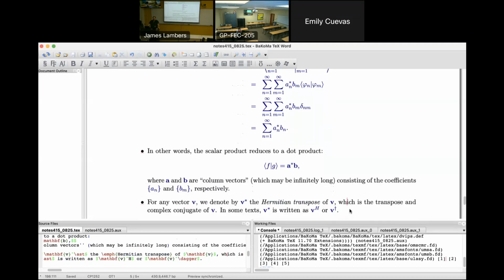It could be negative or imaginary. That's why the complex conjugation is needed, because one property of norms is that the norm must be a non-negative real number. That's violated if you forget to take a complex conjugate.